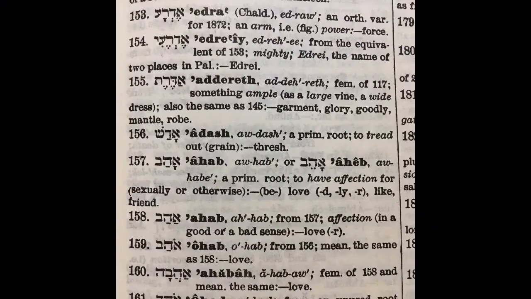Even if I wasn't paying attention in the last video and didn't memorize the Hebrew alphabet, so I'm not able to look up the word ahav, I can look for number 157 and find it and see the Hebrew word, see the transliteration and pronunciation, ahav, and a basic definition, affection or love. So I can find number 157 in the dictionary and see that the Hebrew word is ahav.